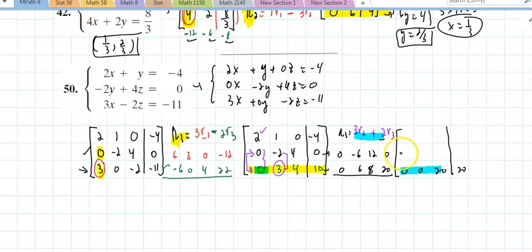And I didn't really change row 2 or row 1, the new row 2 or row 1, so here they are. And like I said, it takes 2 steps and you're done. This says 20z equals 20, which means z is 1. I'm sorry, did I say y? I meant z, x, y, and z.